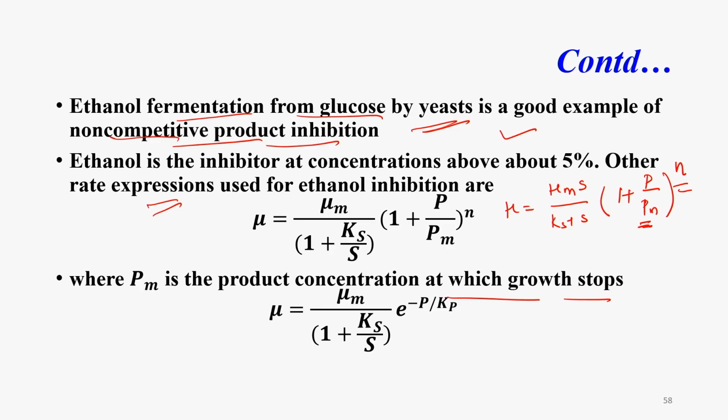As we discussed, product inhibition can also be expressed in terms of a single exponential, mu equals mu max S upon Ks plus S times e to the power minus P upon Kp.